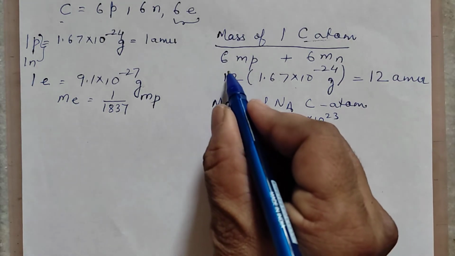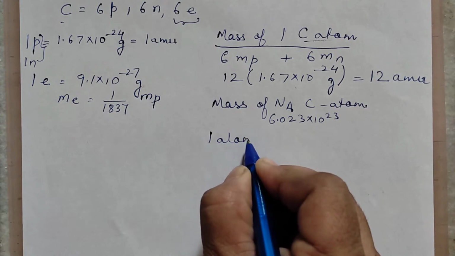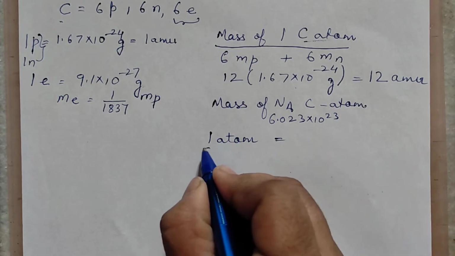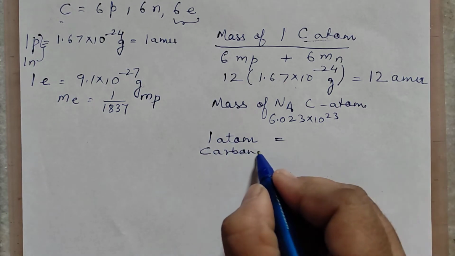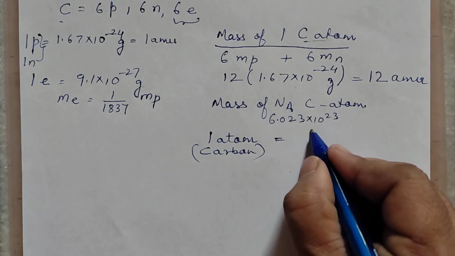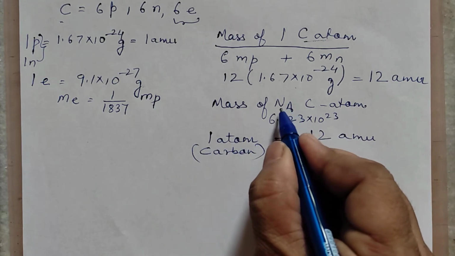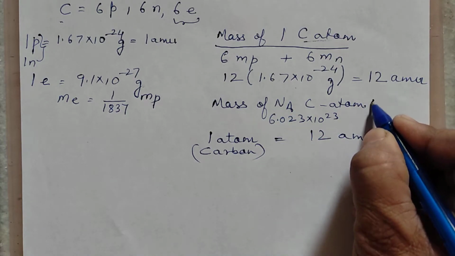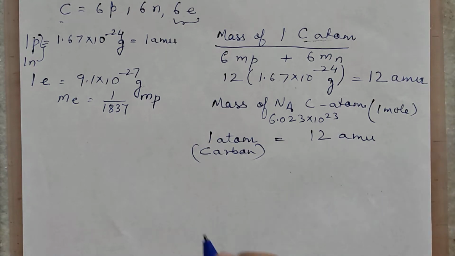See, the mass of one carbon atom, one carbon atom we are talking about, the mass is 12 AMU. Right? So these many atoms means we can also say it is the mass of 1 mole, because a mole is Avogadro number.